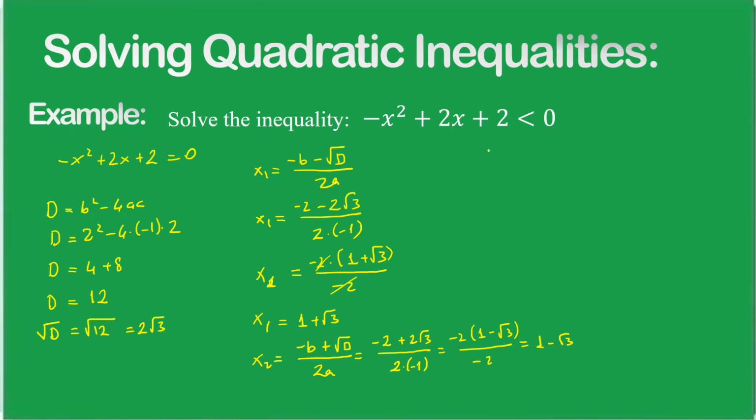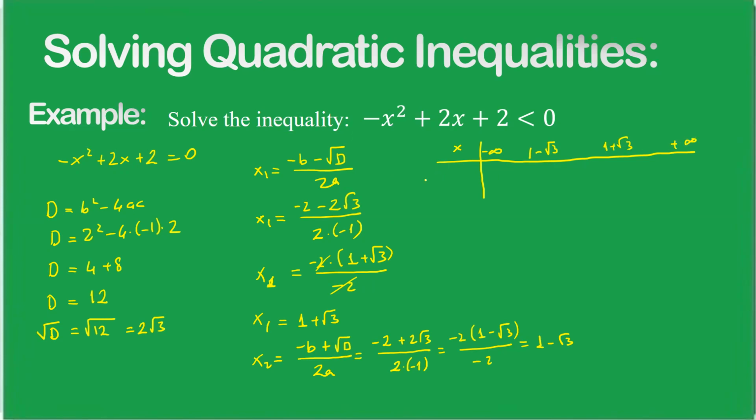Now let's do the sign chart. Here we have minus infinity, and the first root. This part is important: 1 minus square root of 3 is less than 1 plus square root of 3. So this one must be 1 minus square root of 3, and this one must be 1 plus square root of 3, and here plus infinity.